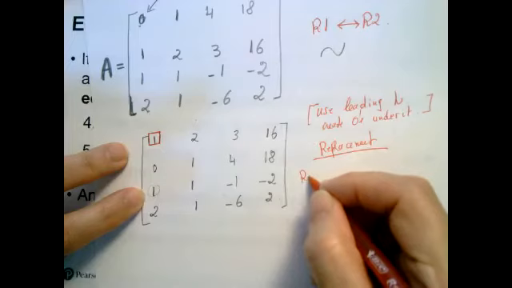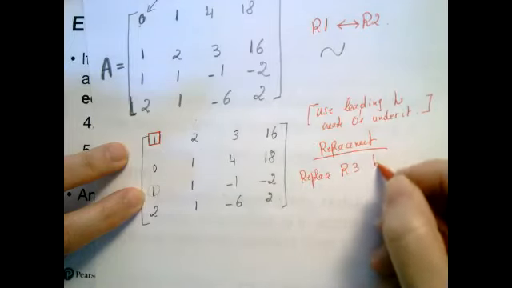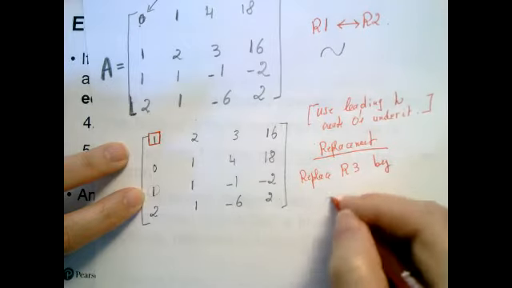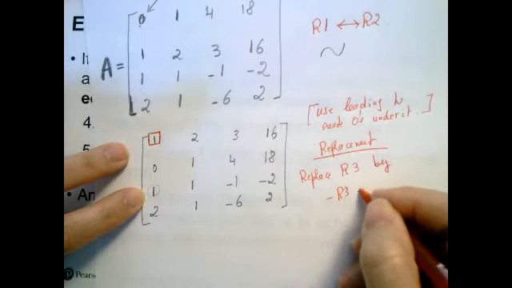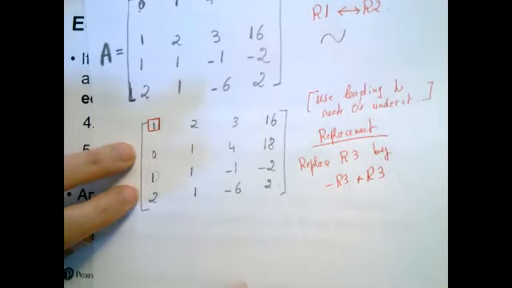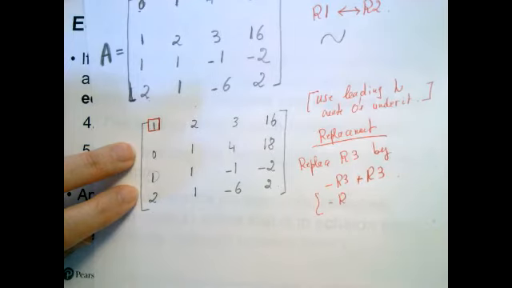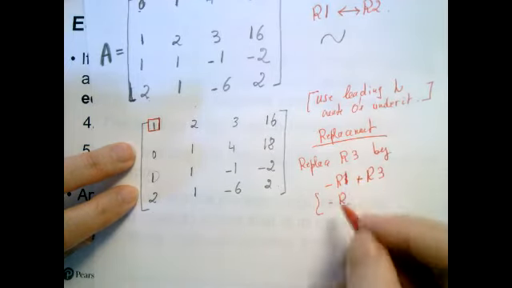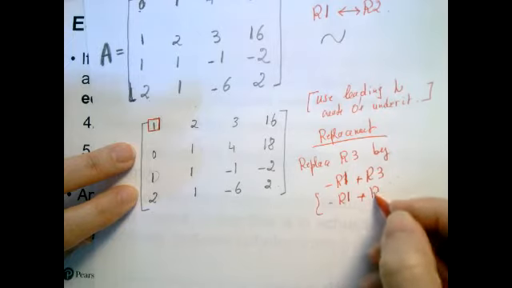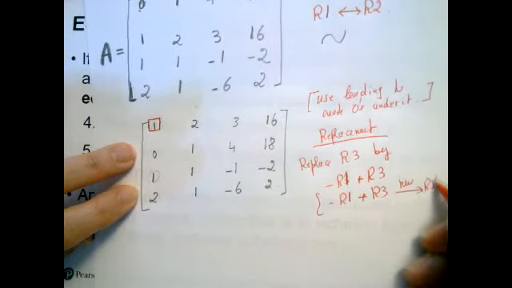We're going to replace the third row by minus the first row plus the third row. Symbolically, minus R1 plus R3 will become the new R3.